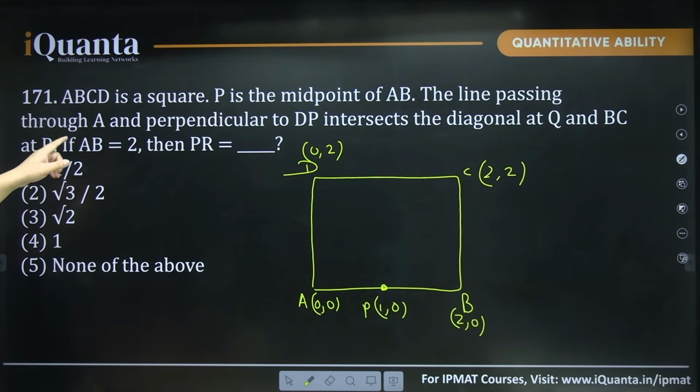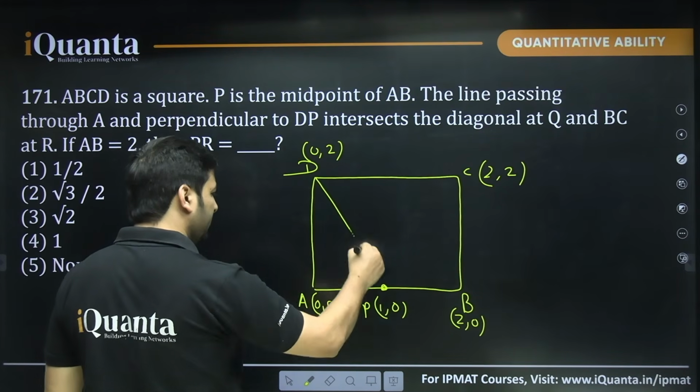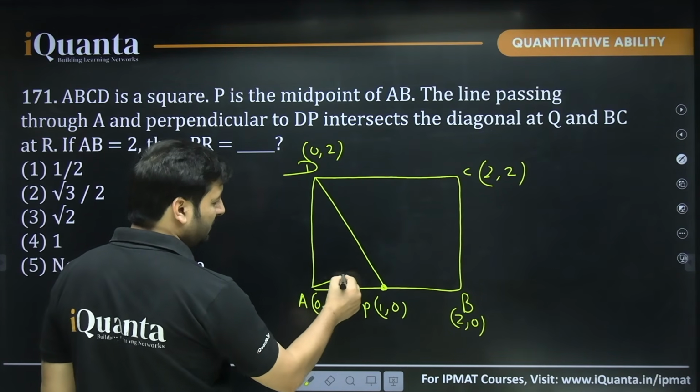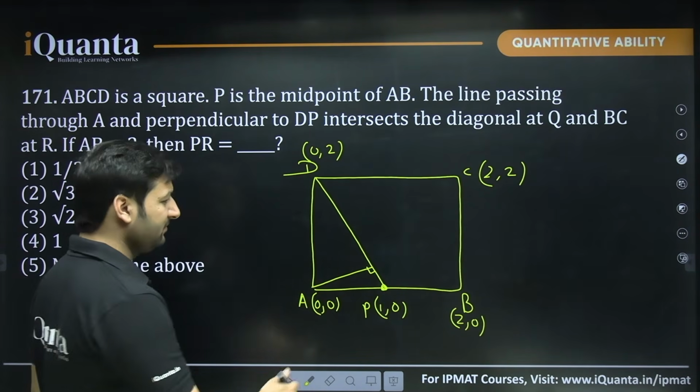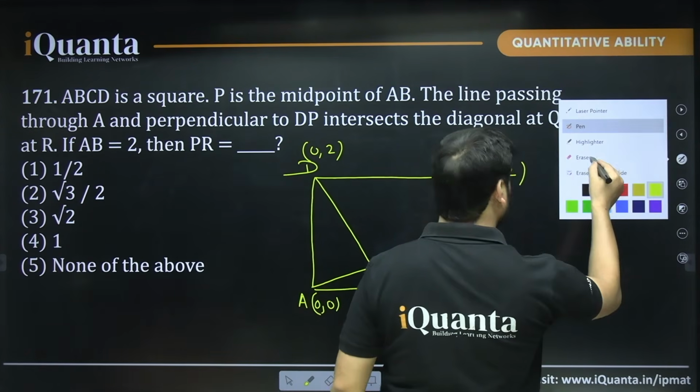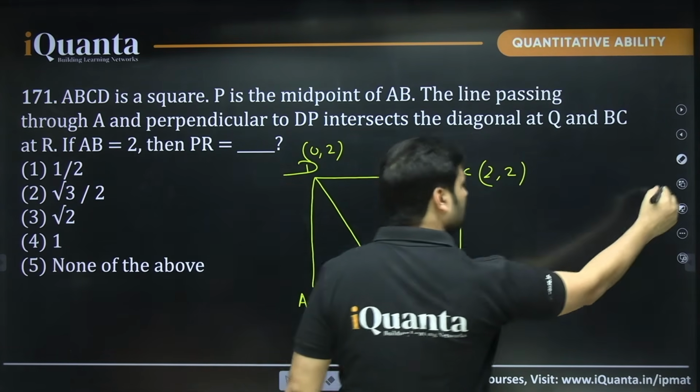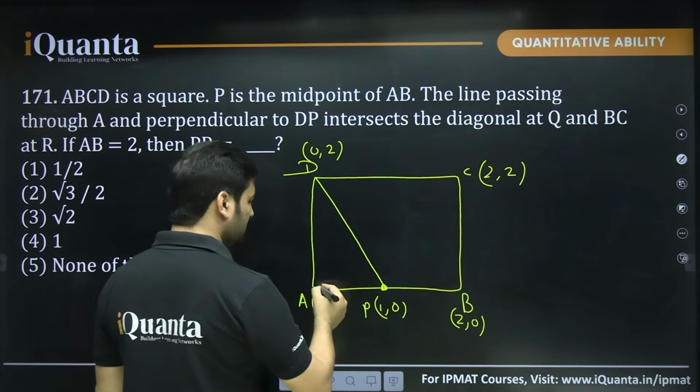The line passing through A, perpendicular to DP. Perpendicular to DP, line passing through A. So it will look something like this.